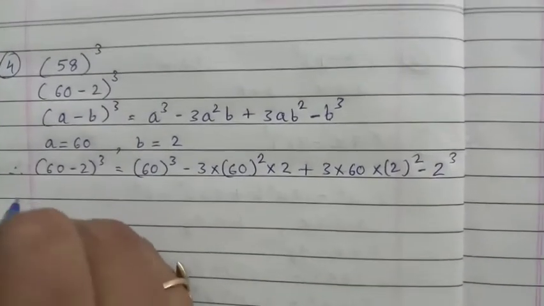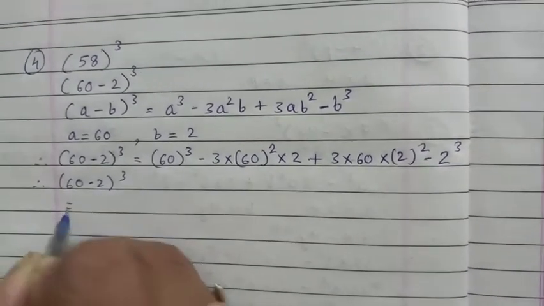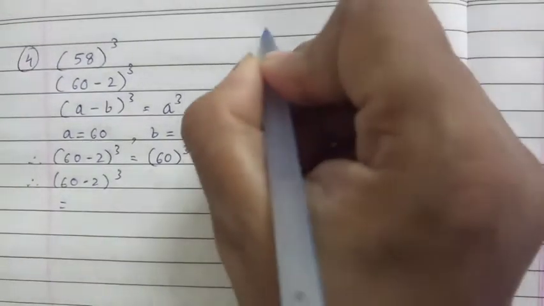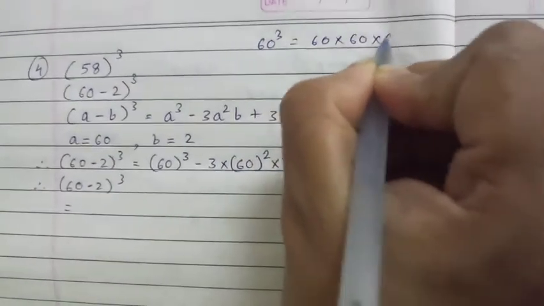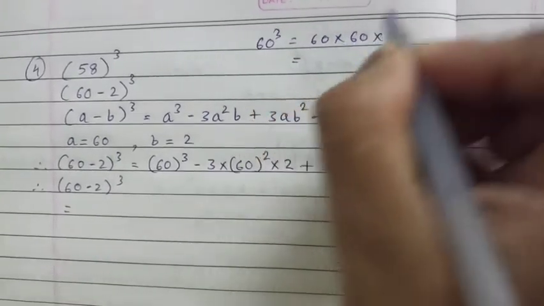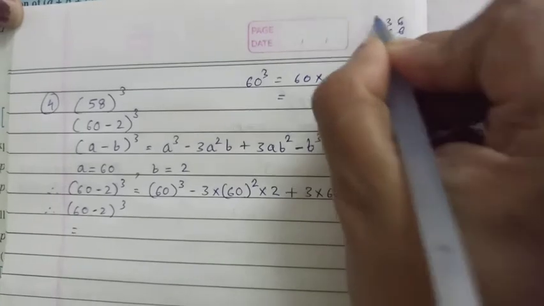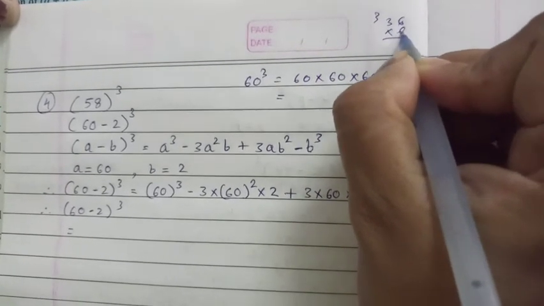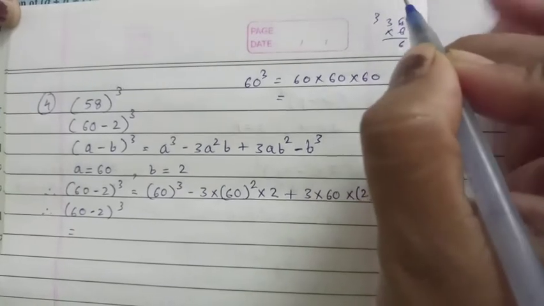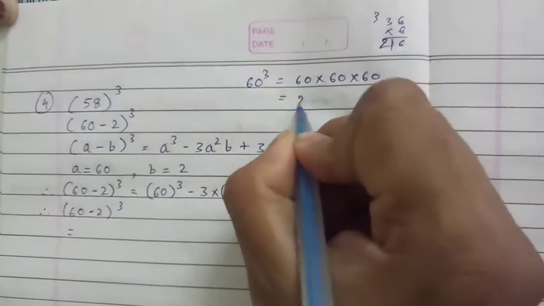Now we have to simplify it. Therefore 60 minus 2 whole cube is equal to 60 cube. So 60 cube is 60 into 60 into 60. So 6 6s are 36, and 6 6s again 36, carry 3. 6 3s are 18, 19, 20, 21. That is 216.